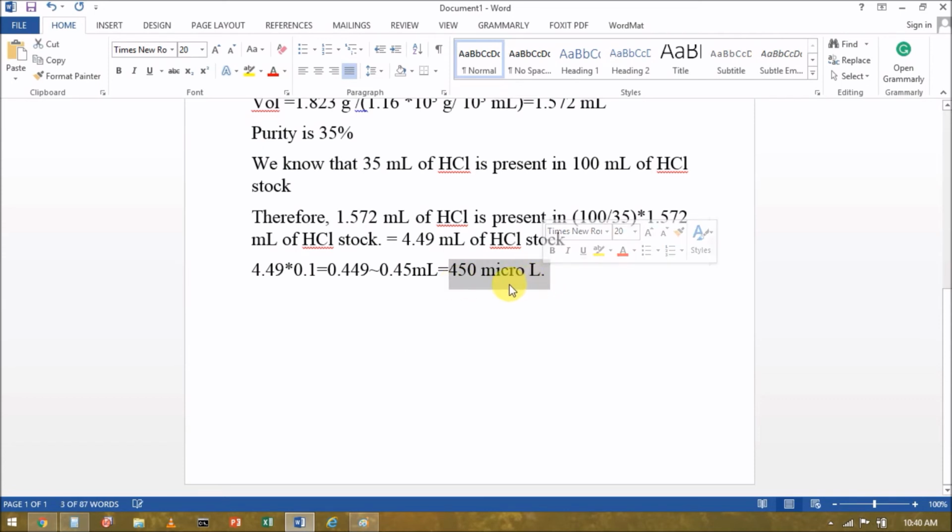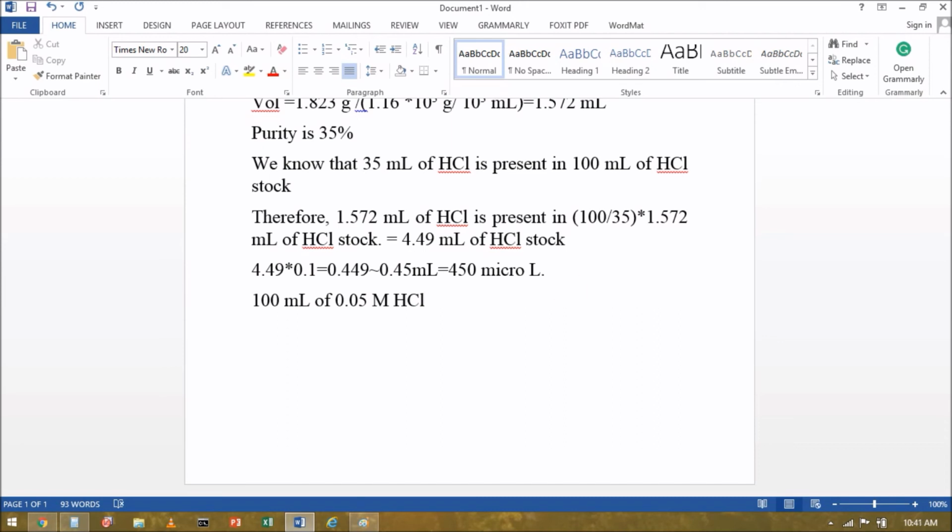If we take just 450 microliter of HCl from the bottle and add it in a 100 ml volumetric flask and make the final volume up to 100 ml, it will give us 100 ml of 0.05 molar HCl solution.